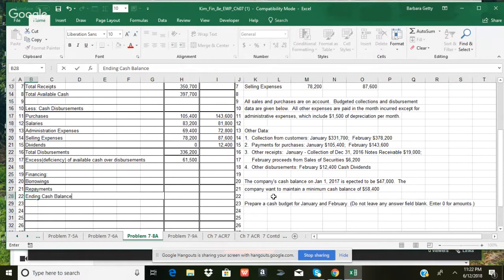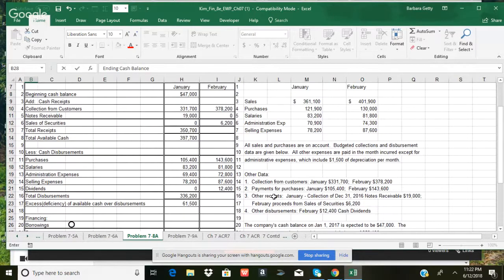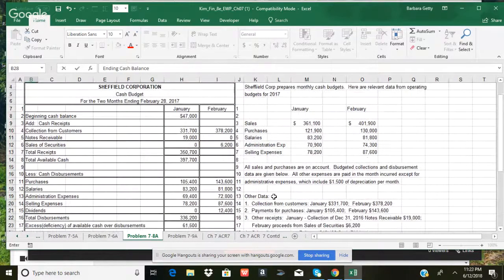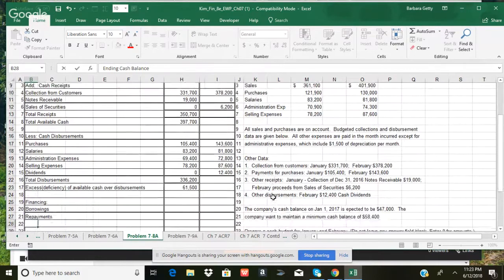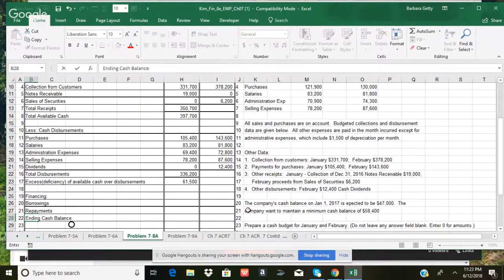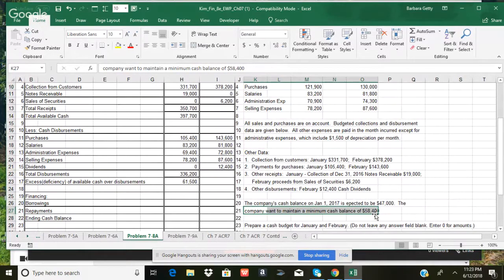Now, it says over here, let me figure out where I found it. It says our ending cash, oh, here it is. Under here it says the company wants to maintain a minimum cash balance of $58,400. So we know down here they want a balance of a minimum of $58,400.